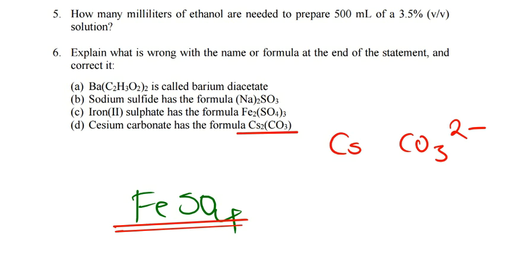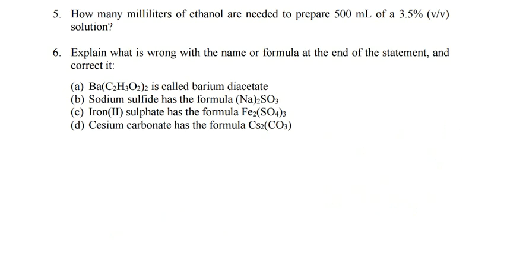Now, what happens here? Oh yeah, we don't need the brackets. The brackets are only necessary if there is a subscript down there. So the formula should just be without the brackets. That's it for question 6, a very simple question.